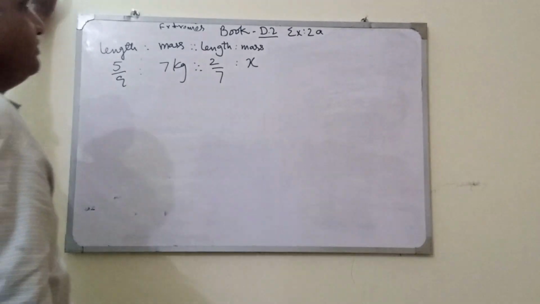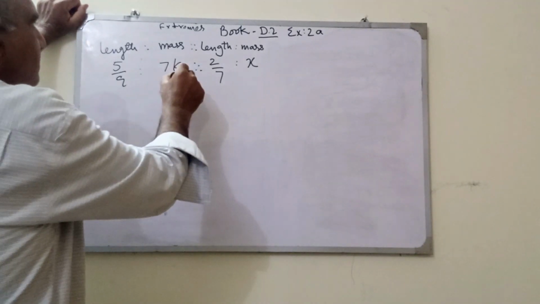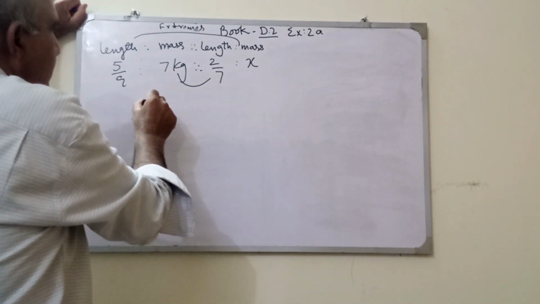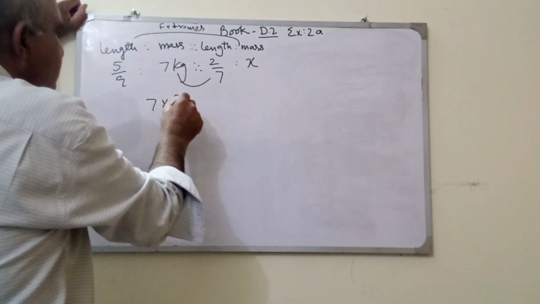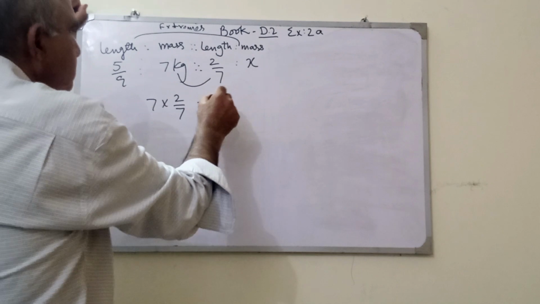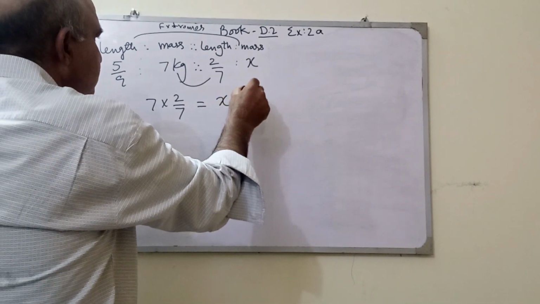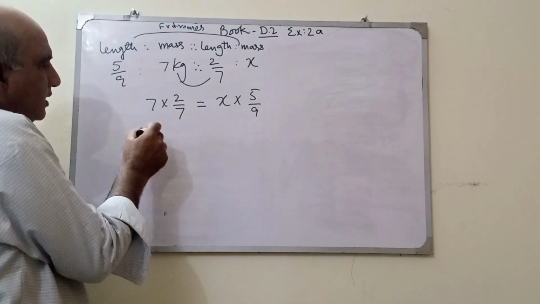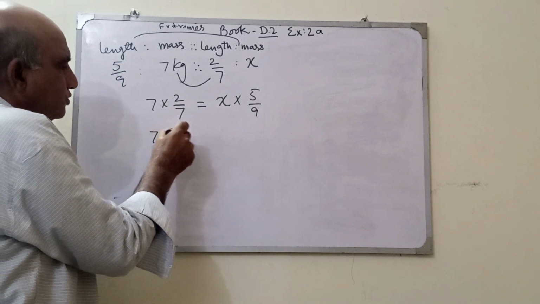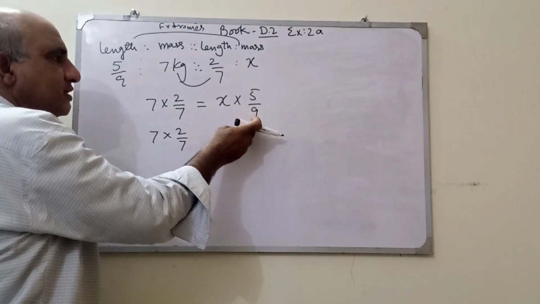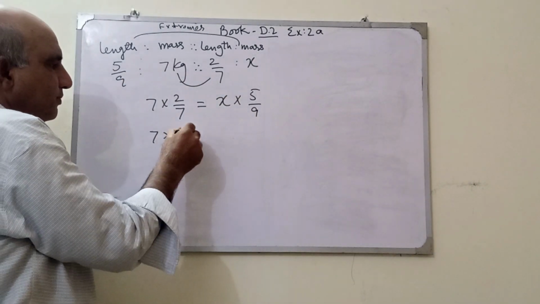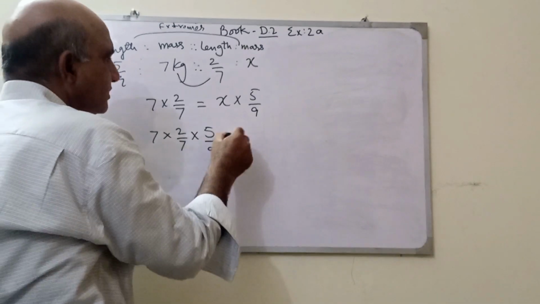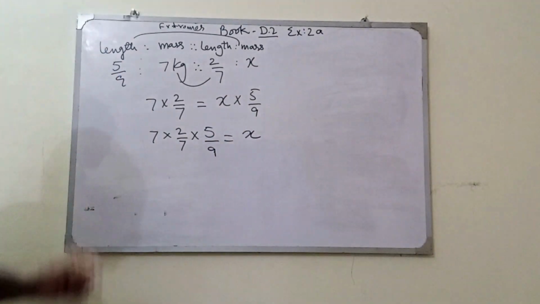So here again we will apply the same method, means and extremes. We write 7 into 2/7 is equal to x into 5/9. Here, 7 into 2/7, when we take 5/9 to the other side, we write its reciprocal. This is x.